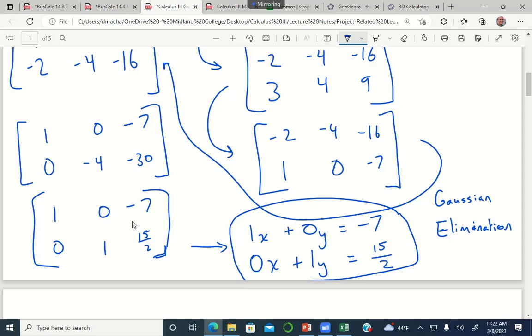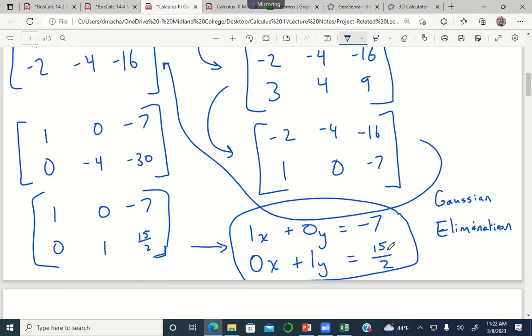So the first row, first column is 1, the second row, second column is 1. If this were a 3x4 matrix, then the third row, third column should be a 1. And we also want to have zeros as the entries above and below the diagonal in order to have it what we call fully reduced.